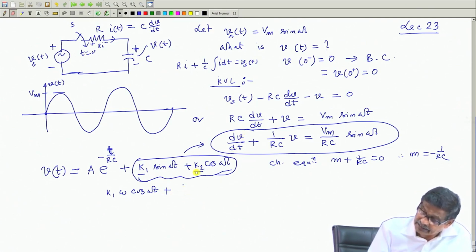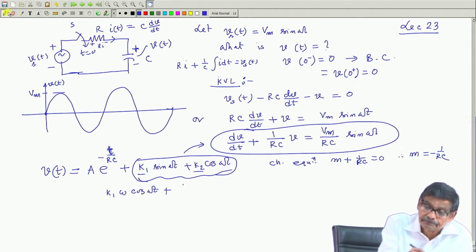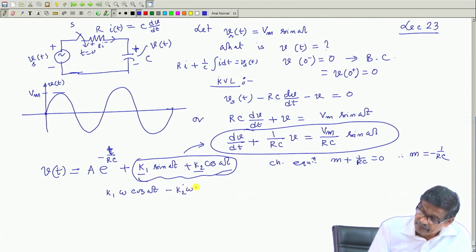This term is still there, there is another differentiation you have to do, that will be equal to k1 omega cos omega t minus k2 omega sin omega t, plus 1 over RC into this one.